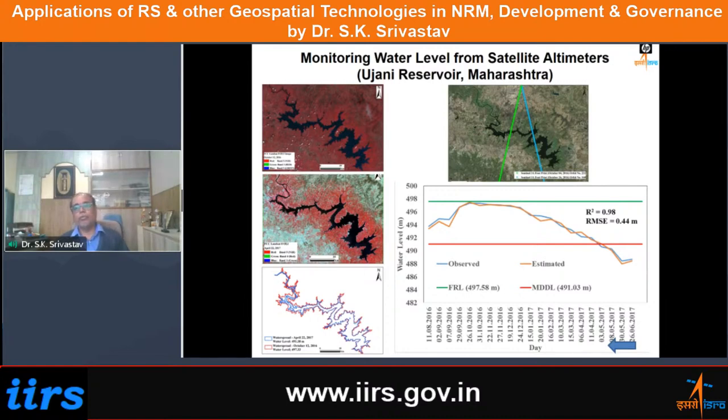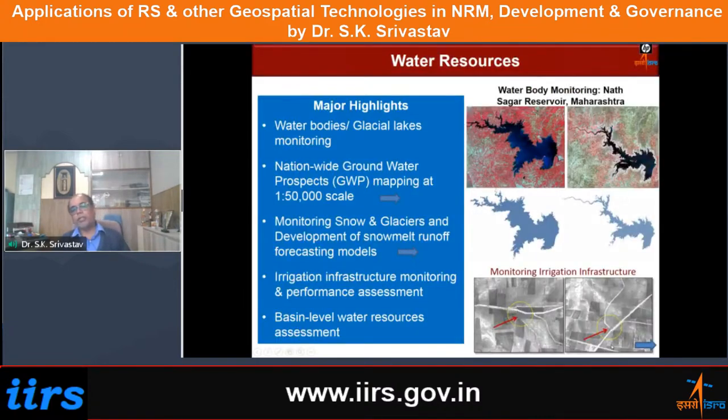So this slide I have just put before you shows that earlier the application was limited to only mapping the spatial extent of the water bodies, but now if the data sets are available for a particular water body in which a user is interested, then one can also use the altimeter data, and combining some ground truth observations, one can also estimate the volume of water on a given day. And if you have the temporal data sets, you can even estimate how the volume is changing with respect to time.